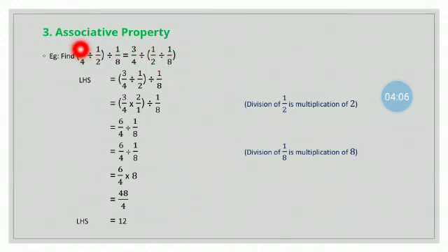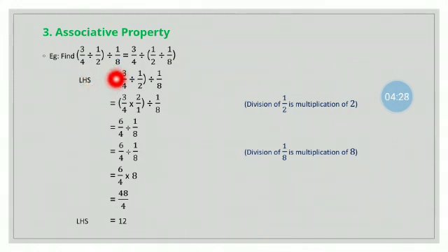Third property, associative property. Example, in the bracket 3 upon 4 divided by 1 upon 2, bracket close, divided by 1 upon 8 equals 3 upon 4 divided by, in the bracket, 1 upon 2 divided by 1 upon 8. So let's check with LHS.